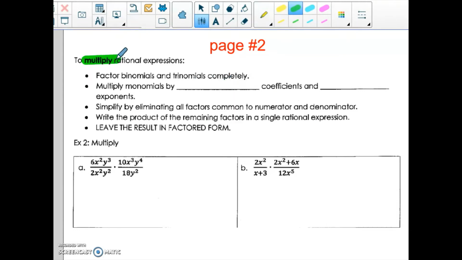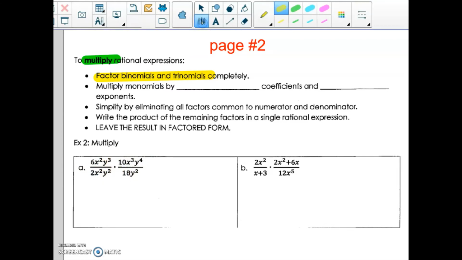Multiplying rational expressions. With multiplying, let's look at our problem. We have to factor any binomials or trinomials. Well, in problem A, there are no binomials or trinomials. Everything is a monomial.